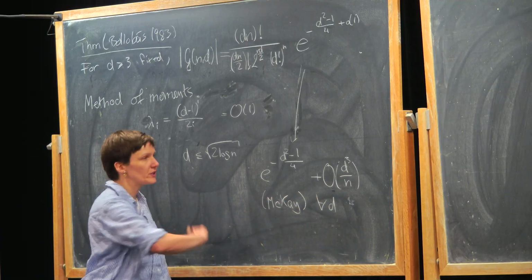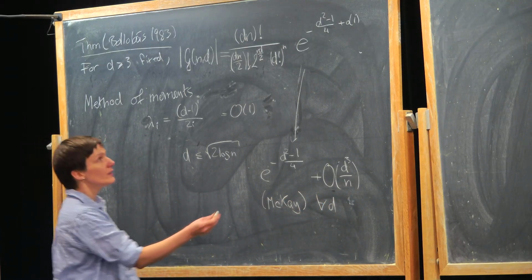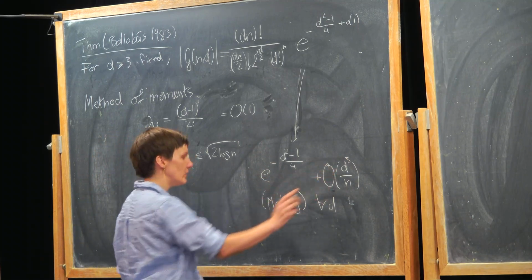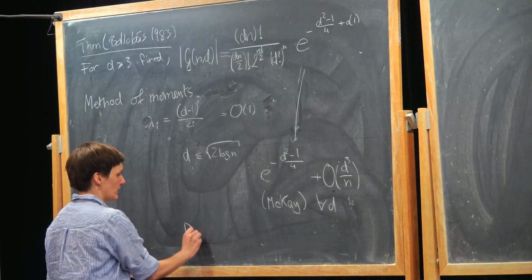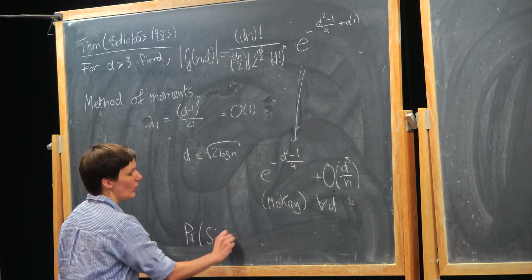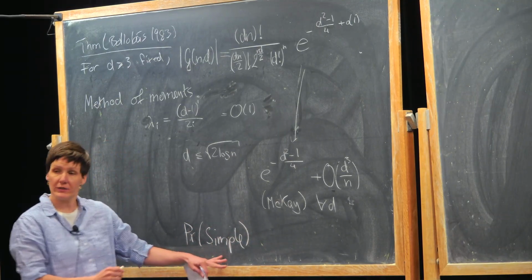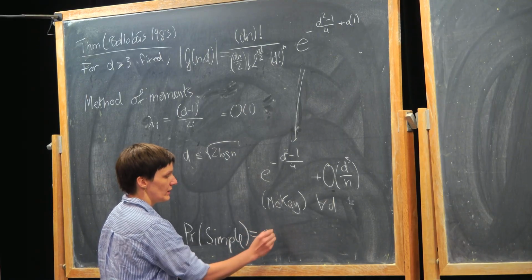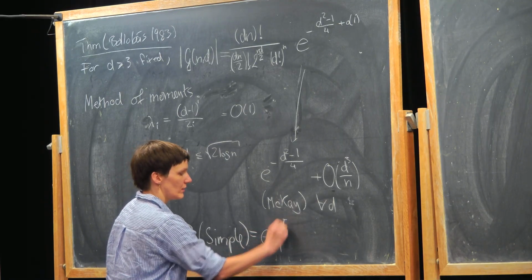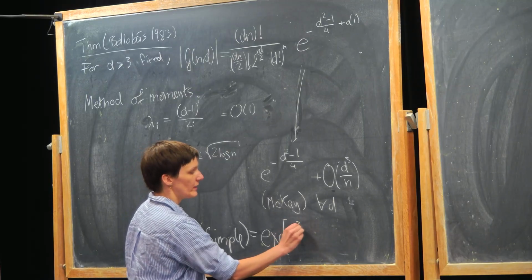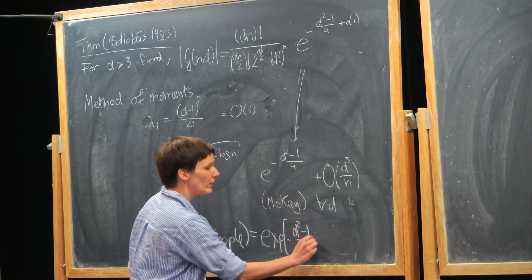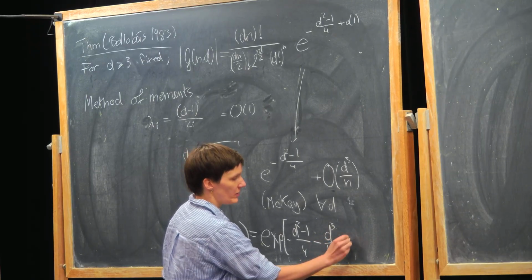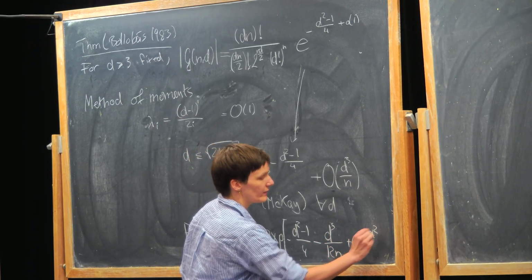And that's why he used switchings. And then if you go one level more, you ask, okay, what's the next term of that order? So the final word on this is that the probability of simple is equal to exp of minus (d squared minus 1) over 4 minus d cubed over 12n plus big O of d squared over n.